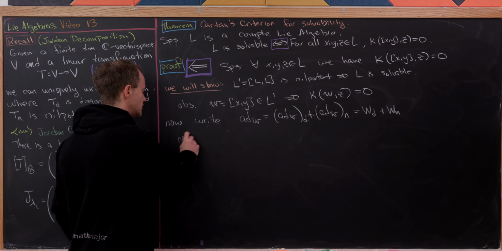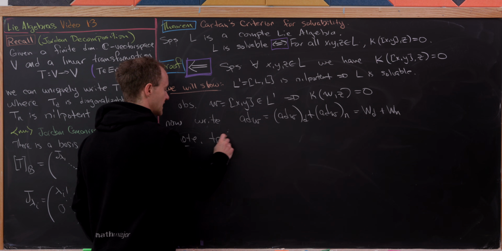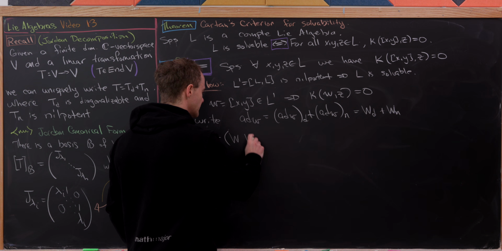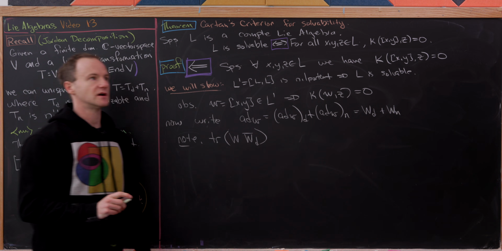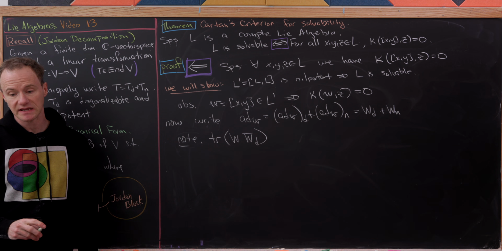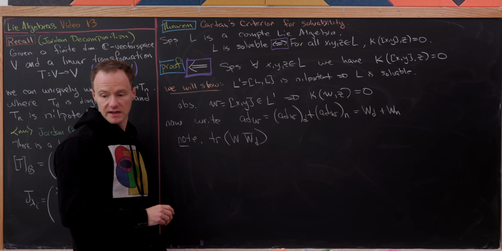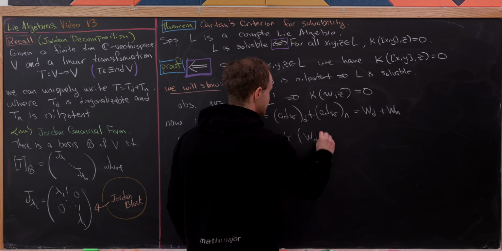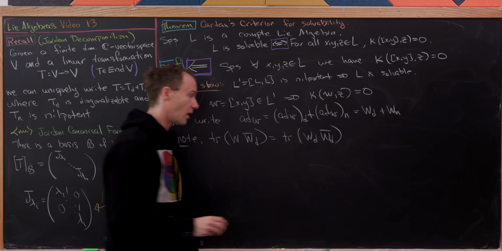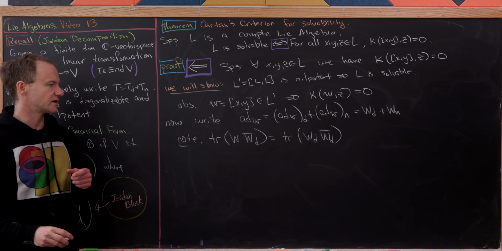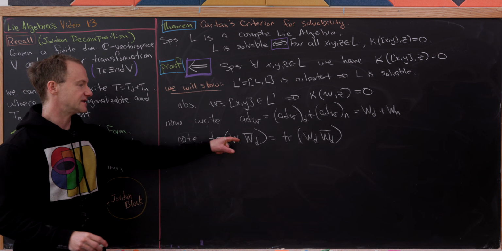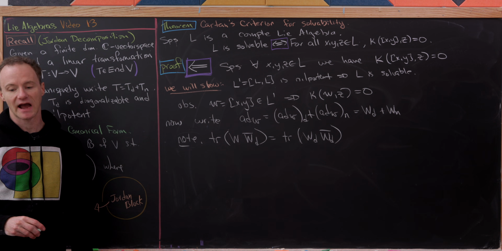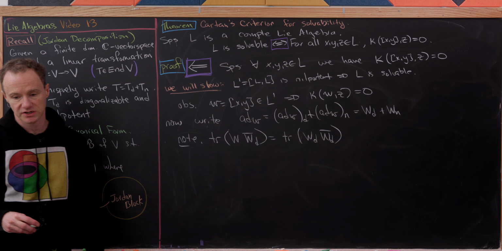And now let's note the following. If we take the trace of W times the conjugate of W_D, what we'll get is the trace of W_D times W_D bar. I think that's pretty clear just by the way that W will multiply into essentially its diagonal version, just with the complex conjugate.